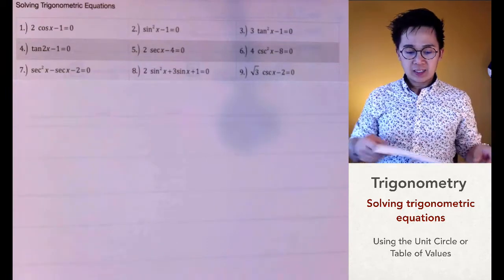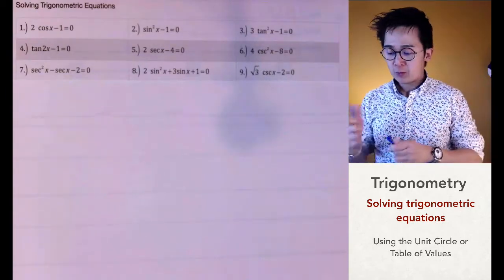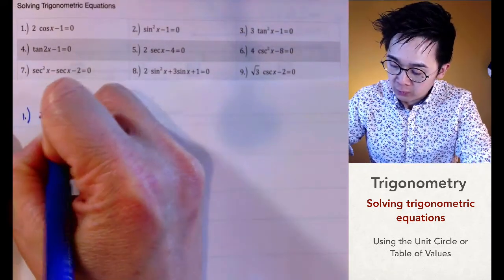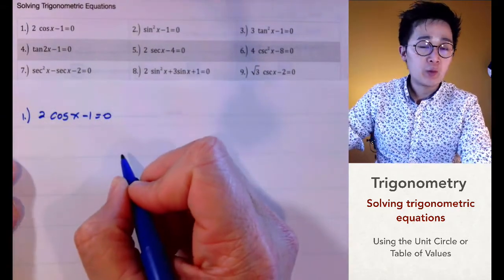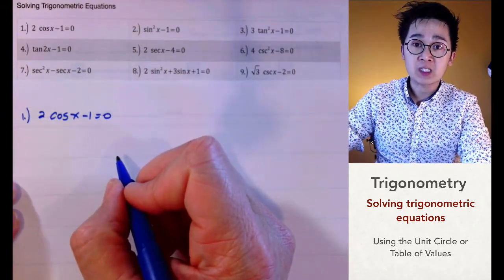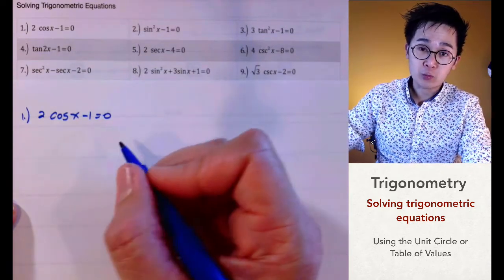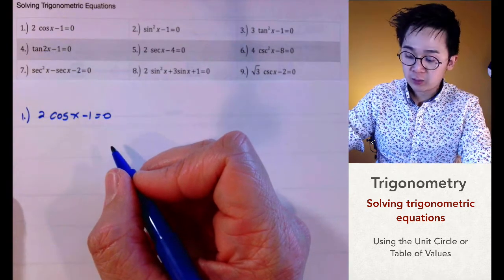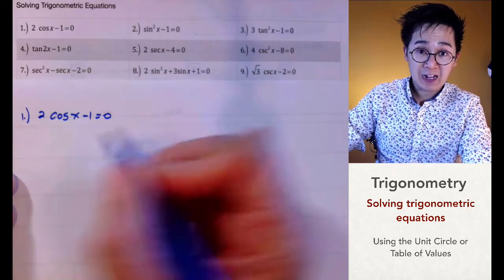So let's go ahead and start working on answering problem number 1. For problem number 1, we have 2 cosine x minus 1 equal to 0. Whenever we're solving a trig equation, since we're not too familiar with working with trig equations, we can relate this equation to an algebraic equation.